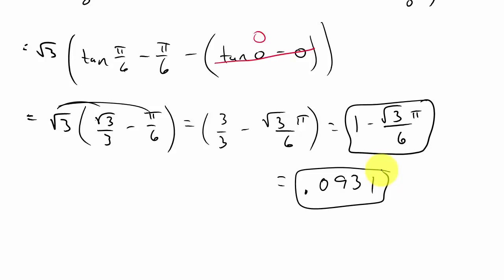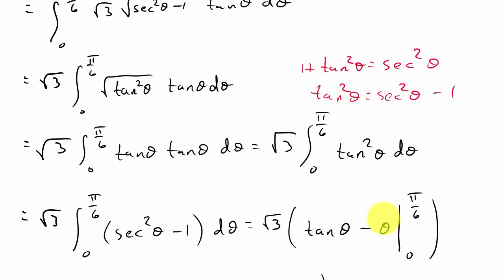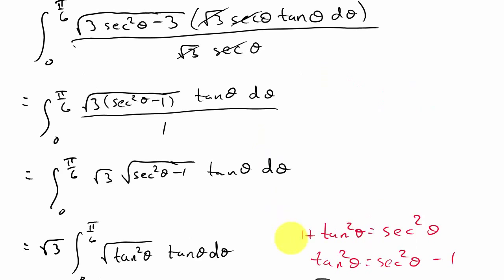Okay. Alright, so I know this video was kind of long, but I hope it helped. Like I said, in this video, I didn't put it back in terms of x because we didn't need to. Okay, we were evaluating the integral. We had limits on the integral.